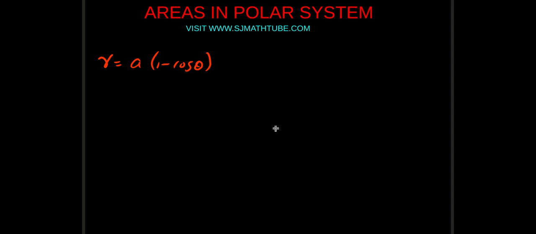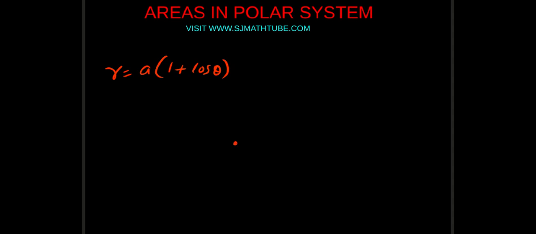So we have our initial line, and the cardioid looks something like this. It will be towards this side. I'm not that good in drawing, but you saw the picture already. And the next thing you can write, r is equal to a into 1 plus cos theta.